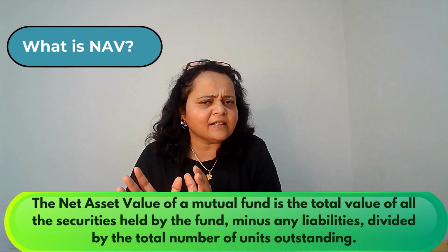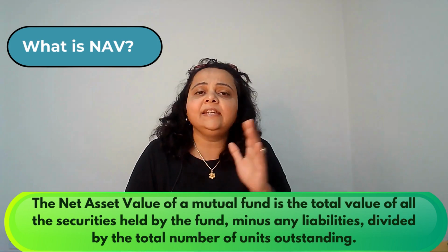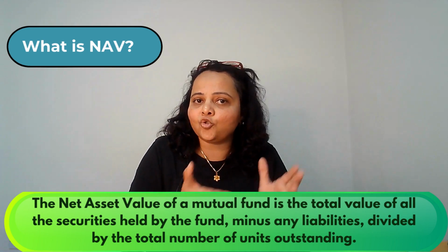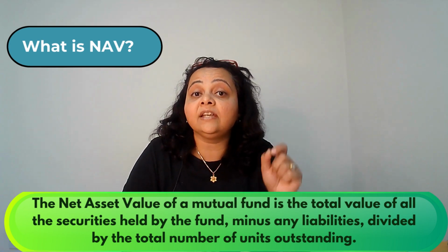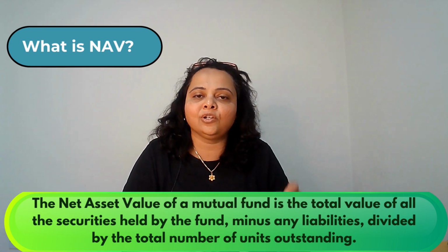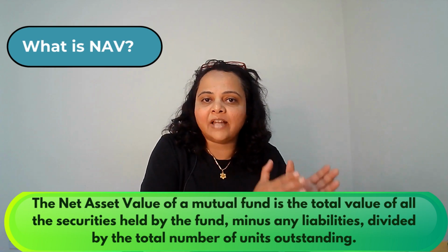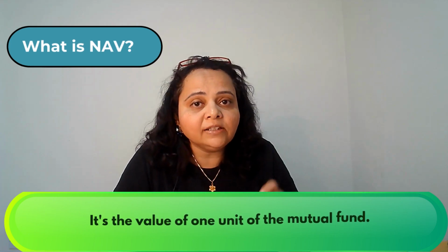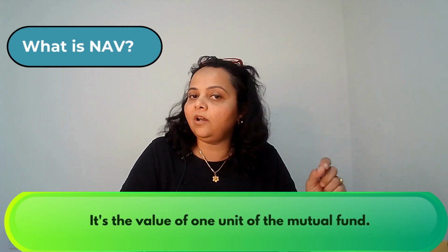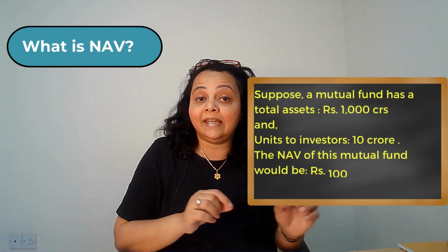So the assets that the scheme is holding minus any liabilities that it has to pay, divide this by the net outstanding units of that particular scheme, which will give you the net asset value of that scheme. It simply means the value of one unit of a mutual fund. Correct? So this in simple terms is NAV.